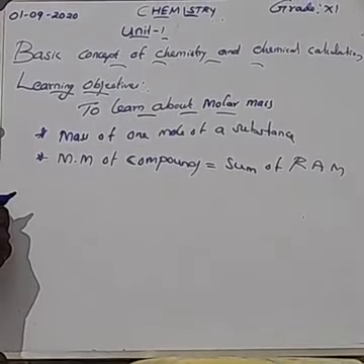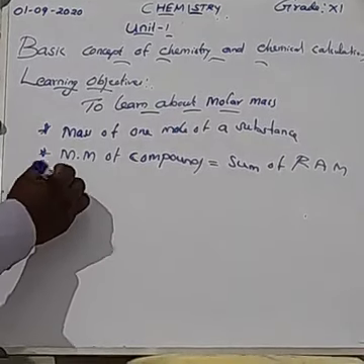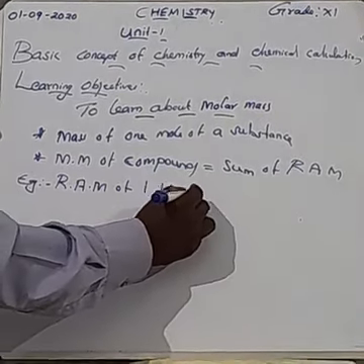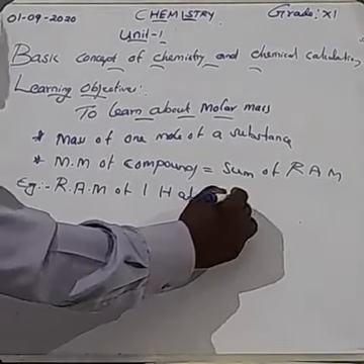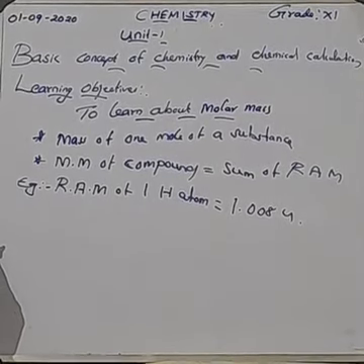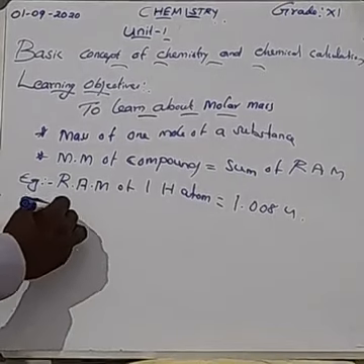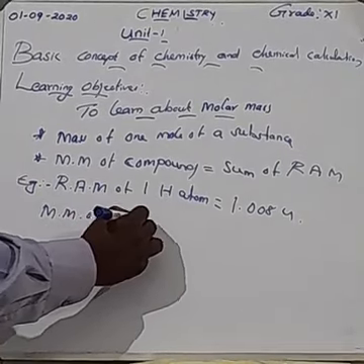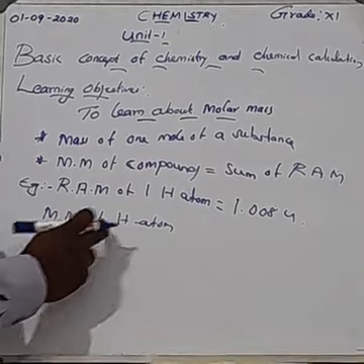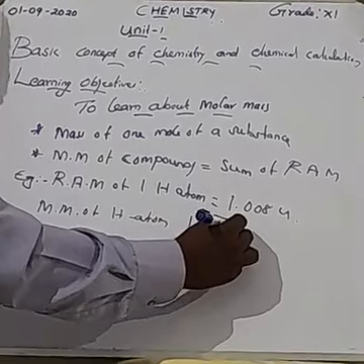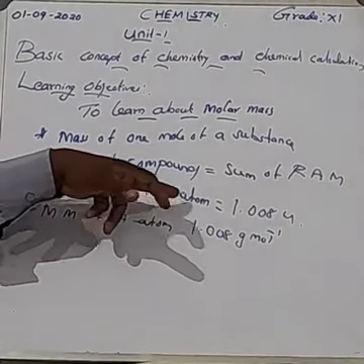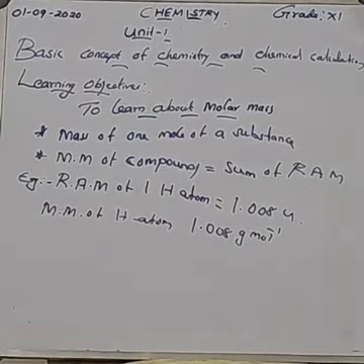What is the example? Yesterday we learned about the example. The relative atomic mass of 1 hydrogen atom is equal to 1.008 unified atomic mass.